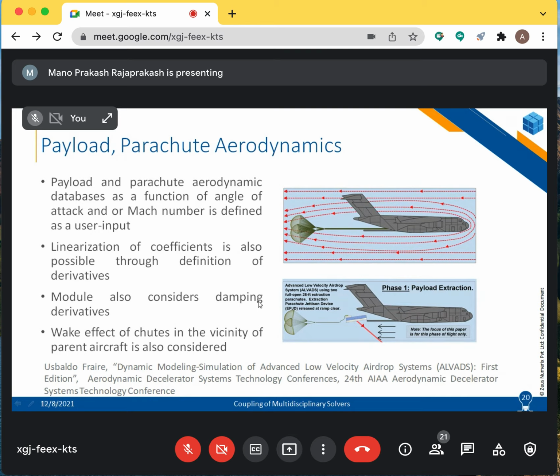Damping is going to help us reduce the oscillations. All such requirements are to be assessed before the simulation software is usually developed.